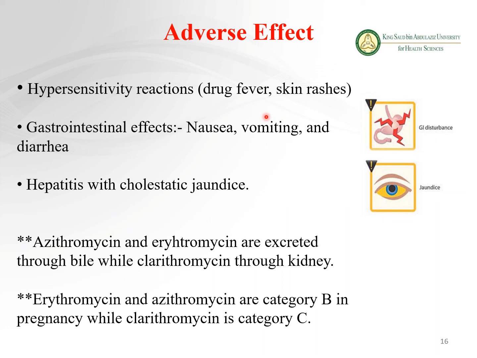Adverse effects include hypersensitivity reactions, which include drug fever or skin rashes. It can produce some GIT effects like nausea, vomiting, and diarrhea. It can increase GIT motility by acting through the motilin receptor, which increases the peristaltic movement of the GIT, and that will lead to diarrhea.